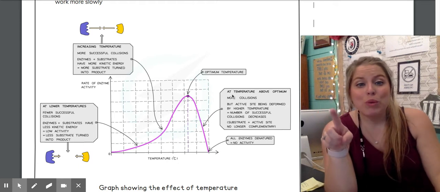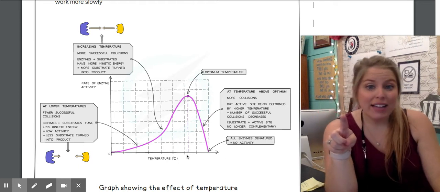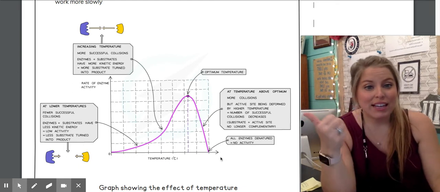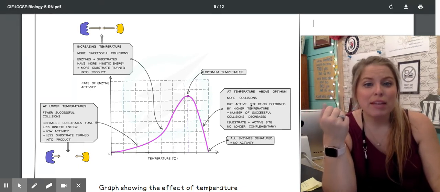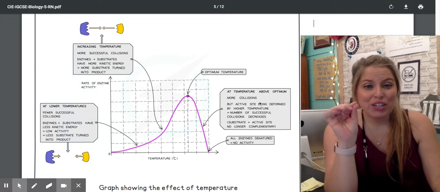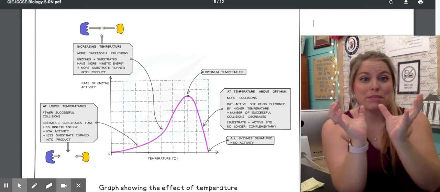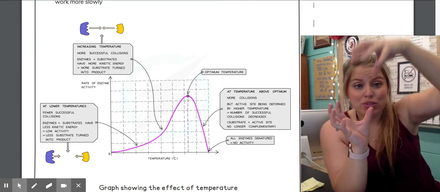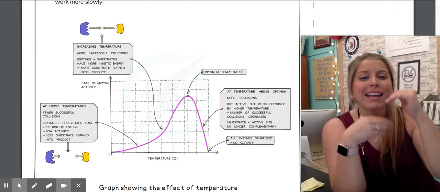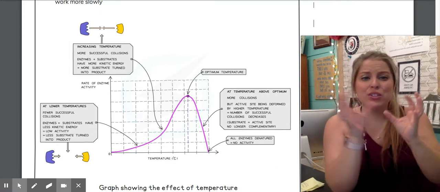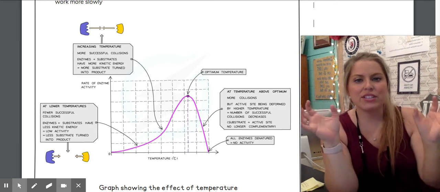Now, when we get into temperatures that are too high, you can see temperatures are increasing. This is where we're going to have, yes, more collisions, but as that temperature increases, the active site, remember, the enzyme has a specific shape that the substrate has to fit into, is going to change shape as everything starts moving way too fast. And we've got a video that you're going to watch to see that.